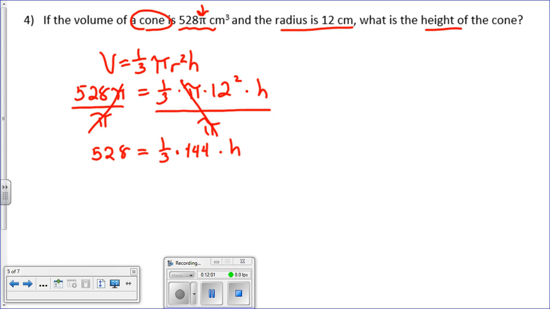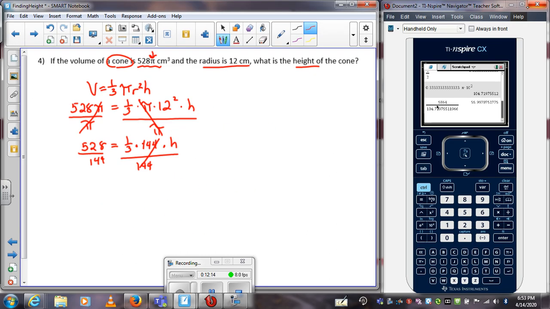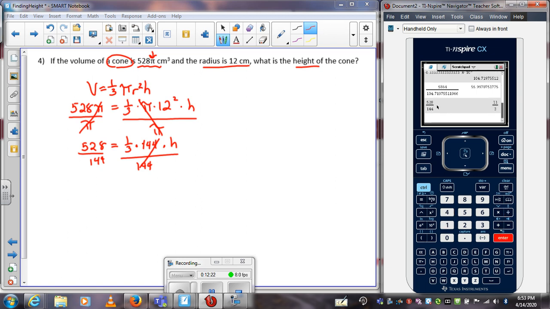Now if you want to do this in pieces, you could do this in pieces. You could divide both sides by 144. You can totally do that. I don't know what that comes out to be. So let's check that out. Let's see, 528 divided by 144. And that's going to give me 11/3.